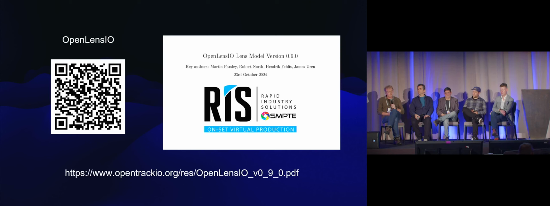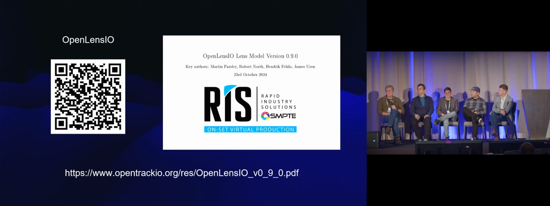And this is why it tends to fall to the tracking providers to help look after the model of the lens, because the camera tracking system is sending the position of the camera every single video frame. We also need to send the characteristics of the lens every single video frame.